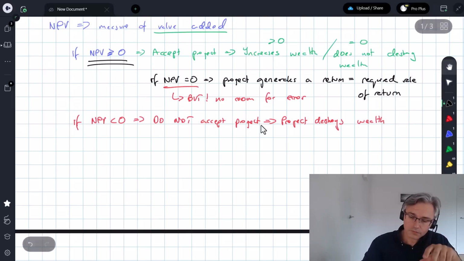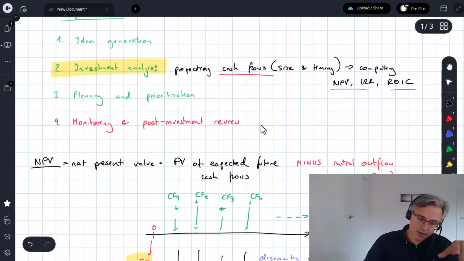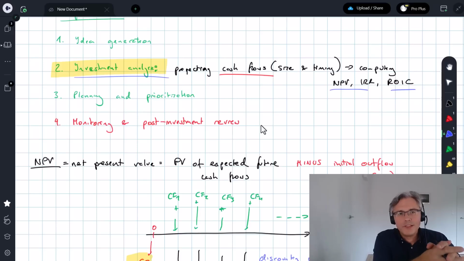However, it's not the only one. So when you get to this step 2, it's important to note that we as analysts do the computations, but there are other considerations as well which may be taken into account. So a project may seem profitable on an NPV basis, however, it may still not be accepted because it doesn't provide too good a fit with other projects that the company is already pursuing, or it maybe has some side effects, or it may be unpopular among society, the other stakeholders than just the shareholders.